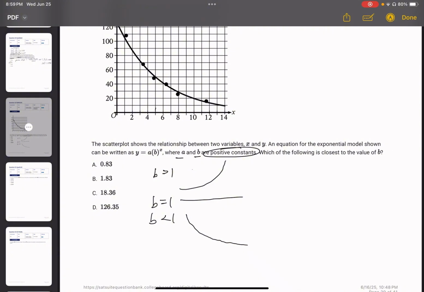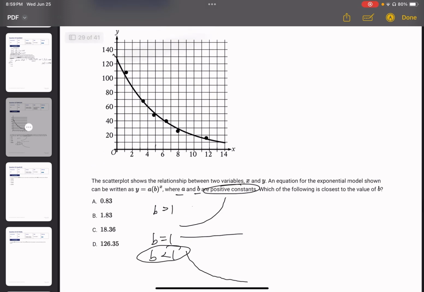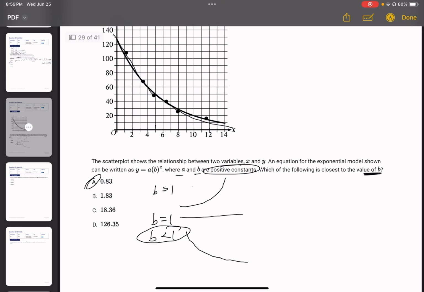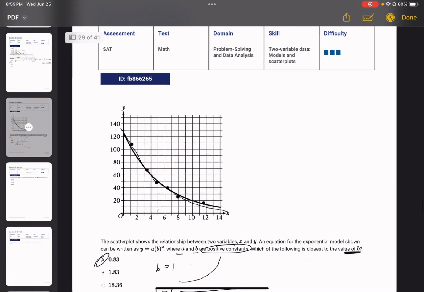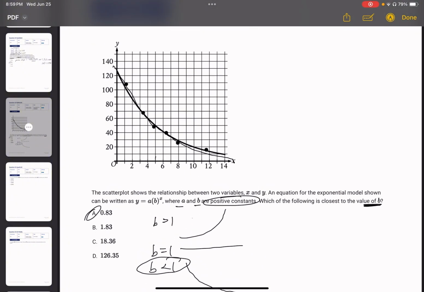So we need b to be less than 1 in this situation so that we follow this predicted shape on the graph. Therefore, our only answer in which b is less than 1 is A. And it's asking which of the following is closest to the value of b. So A will be our answer for that one. It's a hard problem, but it's really based on your knowledge of just graph behavior. So you need to know how an exponential graph functions.